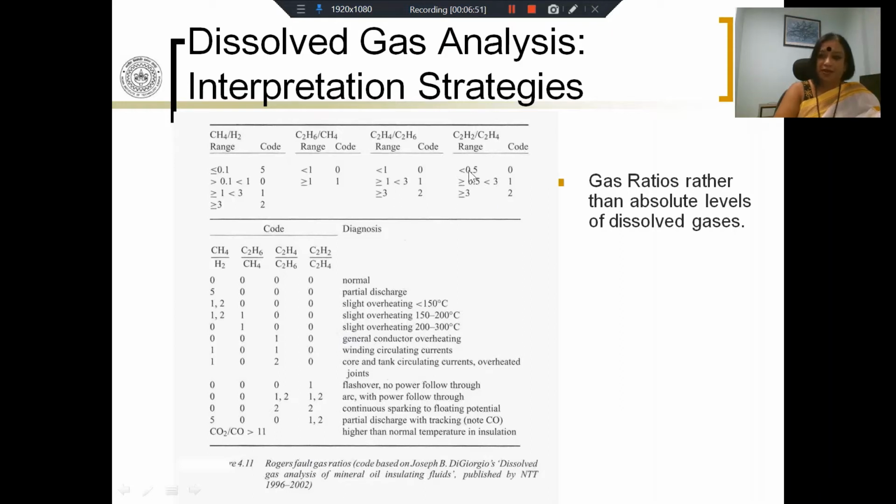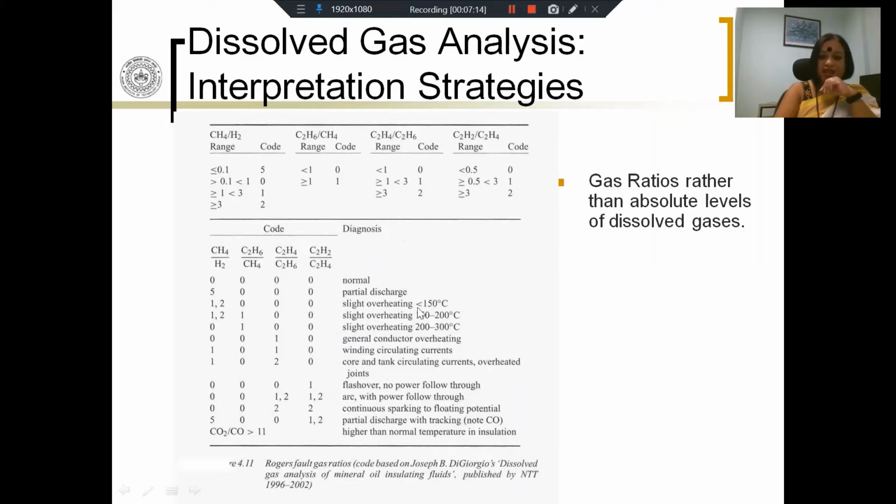It should be less than 0.5, but it is above 0.5 and less than 3. This is indicative of flashover. There has been a flashover which has stopped. There is no power follow-through. So using various combinations of these 4 ratios, there are several different kinds of faults that we can identify.